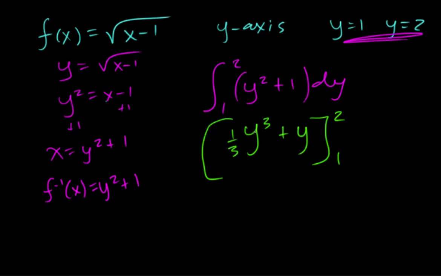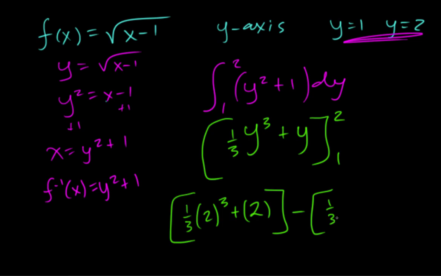If we plug in a 2 here, we get 1/3 times 2 cubed plus 2. Then we plug in a 1. That's going to be 8, so 8/3 plus 2.